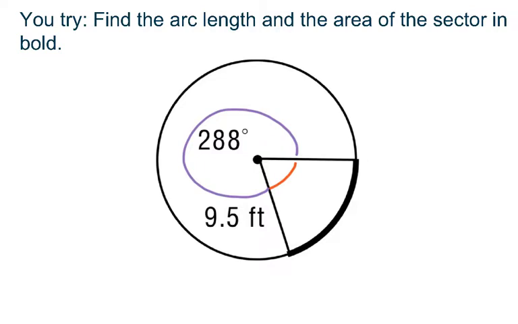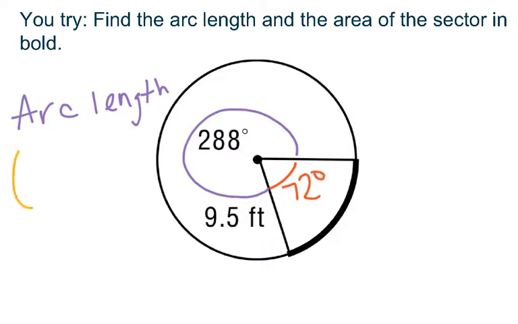Okay, so we're going to find the arc length first. So remember, arc length, you are talking about the pizza crust. So I know that that circle is out of 360, and the purple part is 288. So if I do 360 minus 288, this part in red has to be 72 degrees.